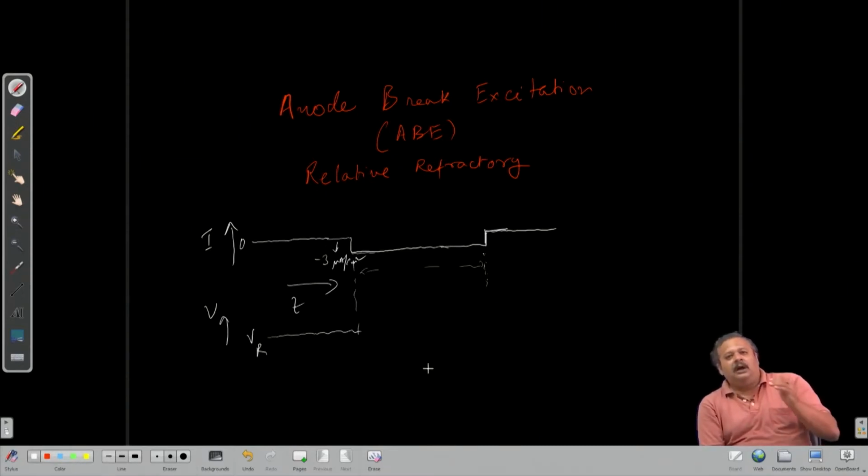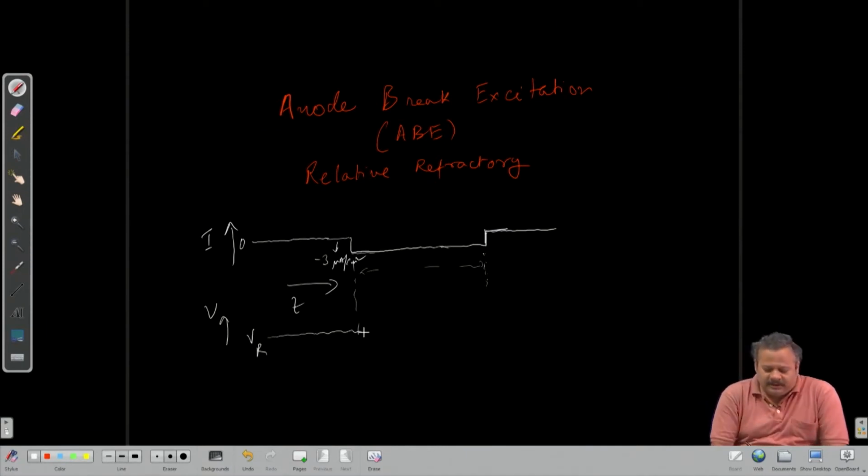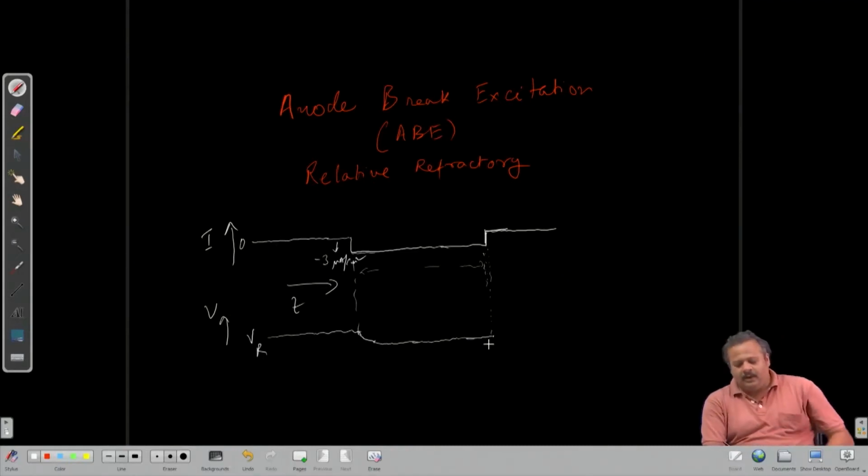There will be a hyperpolarization as expected, meaning that the voltage will go down and stabilize to some negative value for that particular current, and it will stay like that up to the point of release of the negative current clamp.